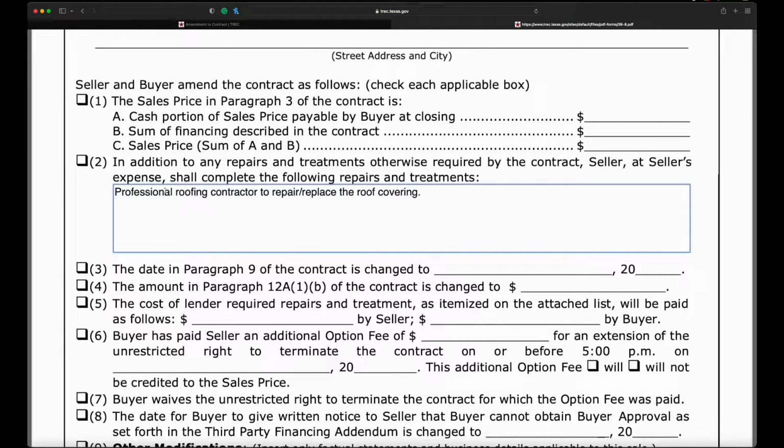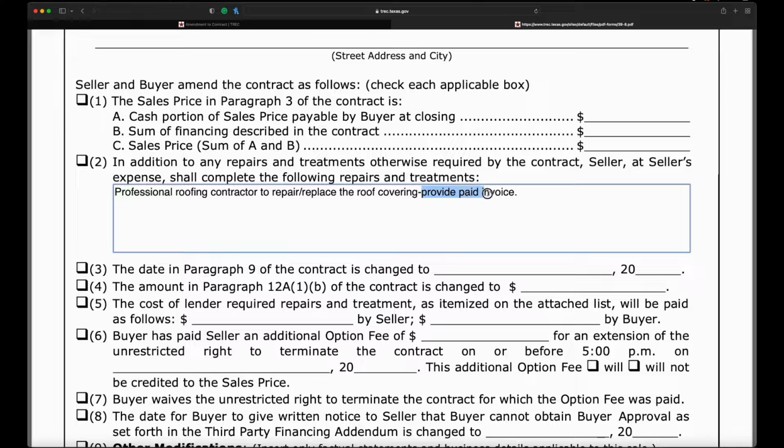And then you can also put to the effect of provide a paid invoice. This is also in the contract too. In the 1-4, it does have it on the inspection parts. On the inspection and condition of the house, it does say that any kind of repairs that require a professional license, that they're supposed to have it.